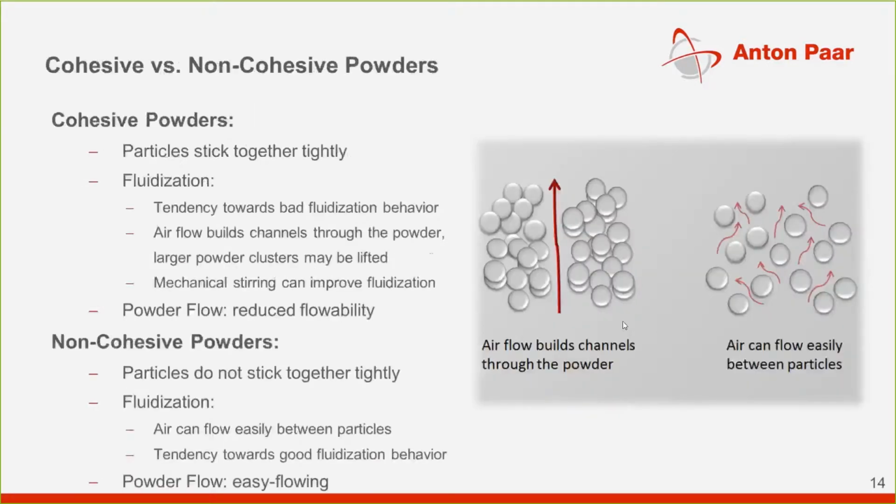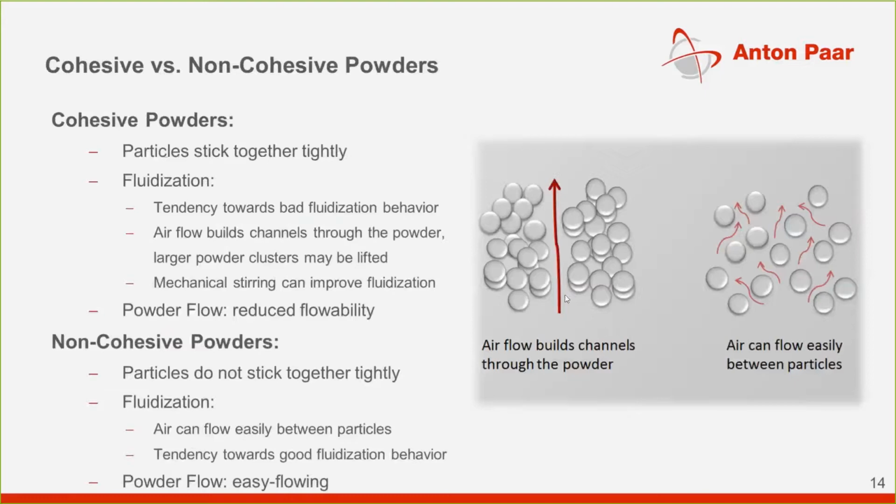Another way to look at this is the cohesiveness. So we can differ between cohesive powders like group C and non-cohesive powders. And cohesive powders will rather stick together tightly, and they will be difficult to fluidize. This means when we fluidize them, they either move as a plug, or we might see some channels that build up in the powder bed.